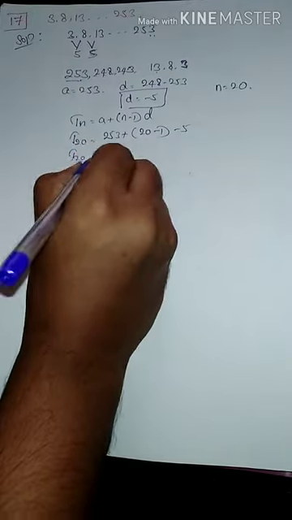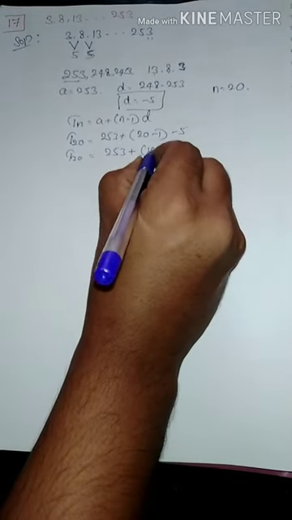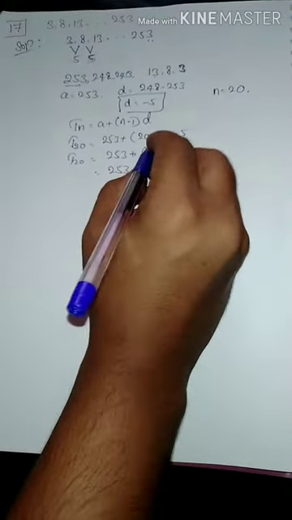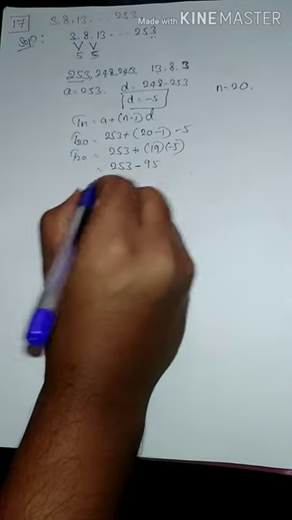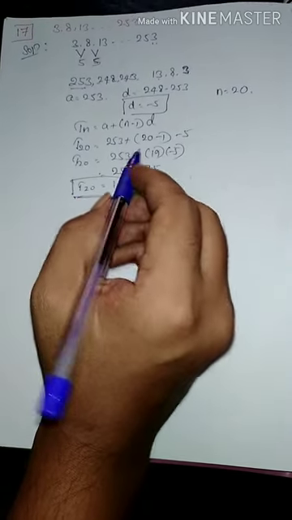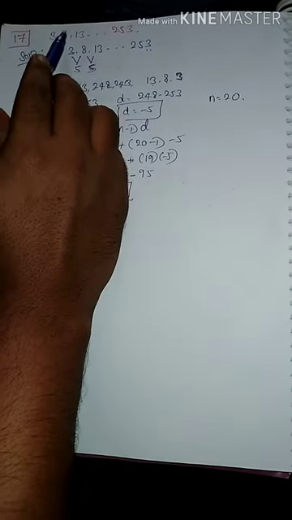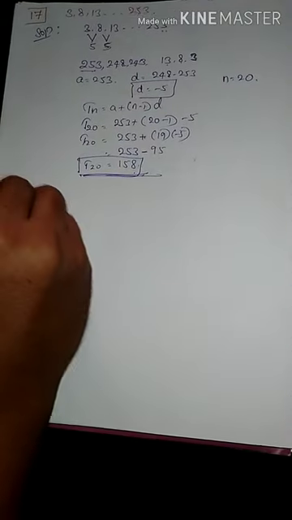So T20 is equal to 253 plus 20 minus 1, that is 19, into minus 5, is equal to 253 minus 19 5s are 95. So T20 is equal to 158. Therefore, the 20th term from the last term of the AP 3, 8, 13, and so on to 253 is 158. And next question, 18th one.